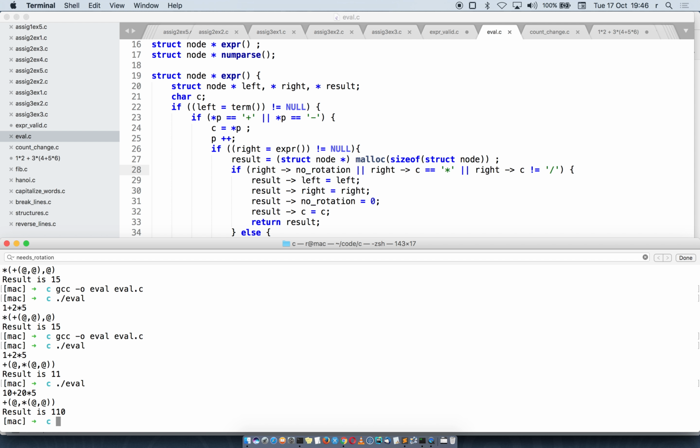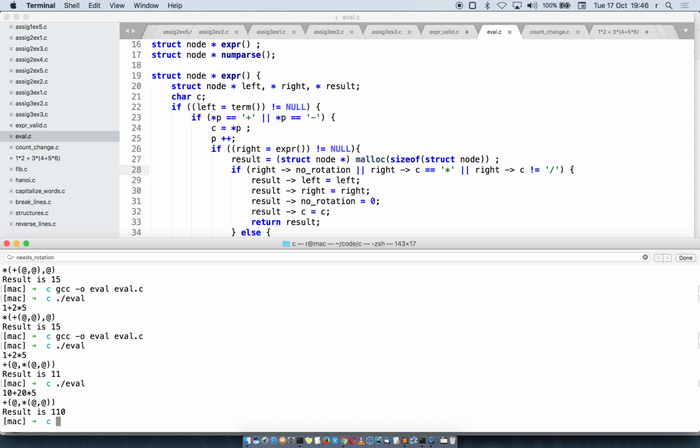And now the temptation is to put a 20 minus here, but the 20 actually needs to go down here. Everybody understand this?